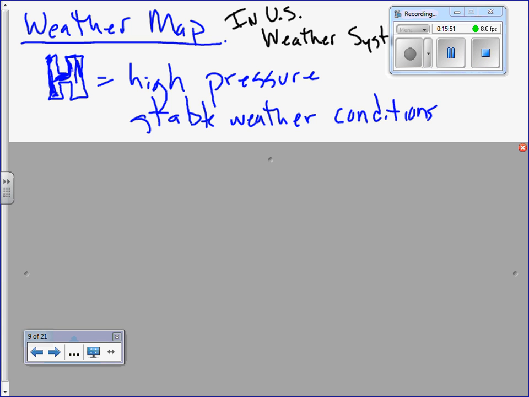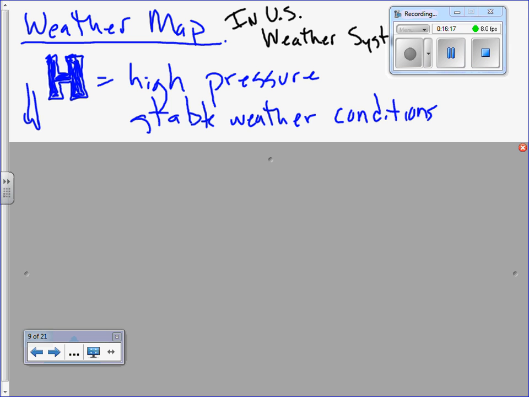Why does cold air cause areas of high pressure? Yes. Cold air is more dense, and so the cold air is falling, so it's causing areas of high pressure. Those areas of high pressure are usually going to be pushing other things out.